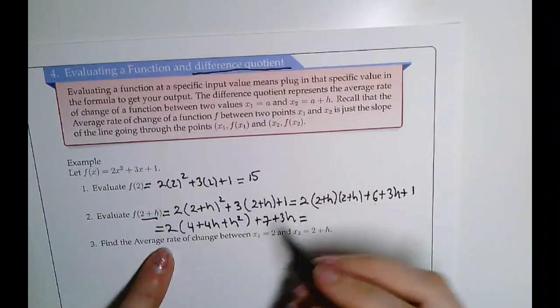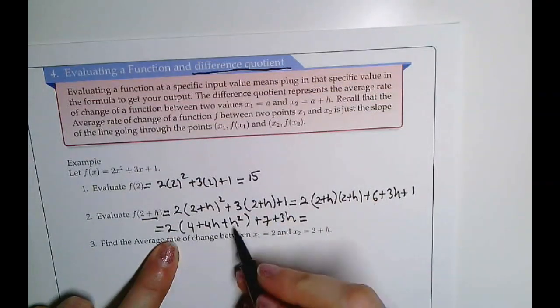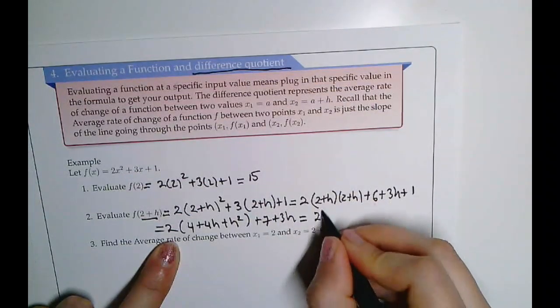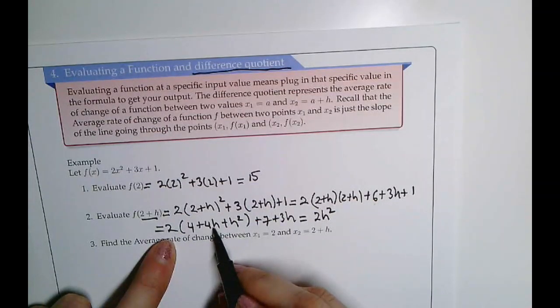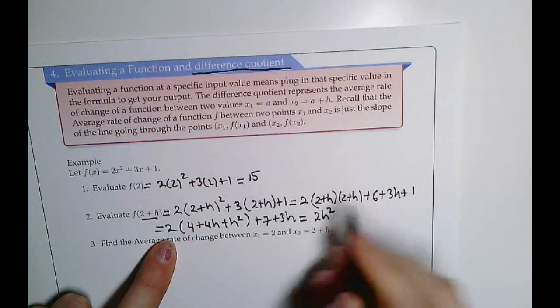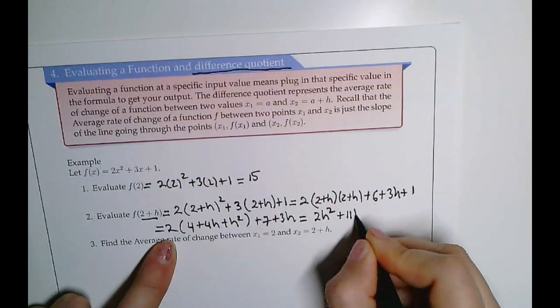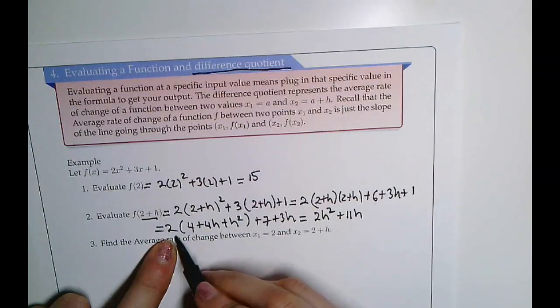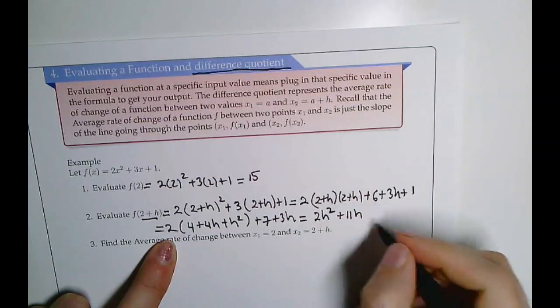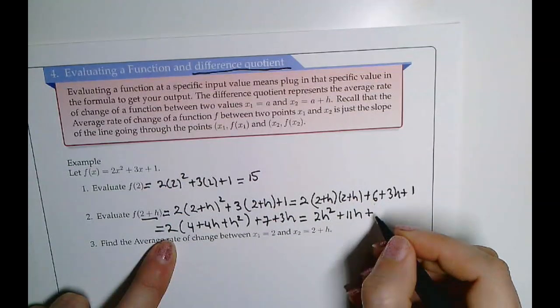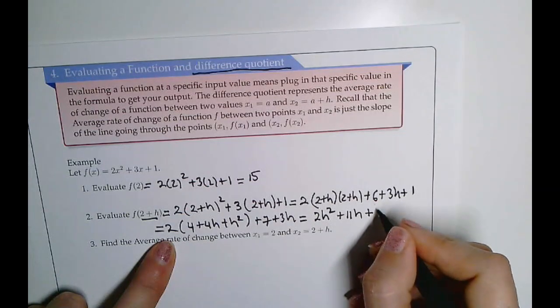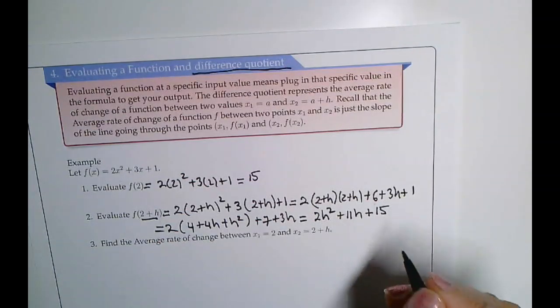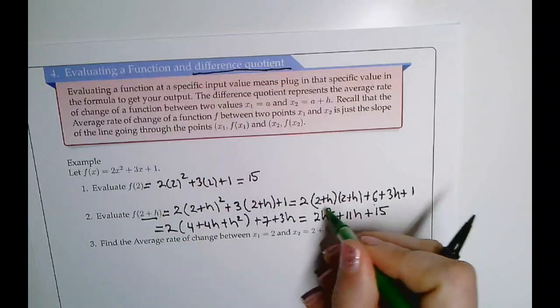And then if I calculate this, I have 2 times h squared, this gives me 2h squared, and then I have 2 times 4h, I have 8h plus another 3h from here, so plus 11h, and then 2 times 4, 8, and then 8 plus 7, 15. Okay, so this is the function evaluated at 2 plus h.